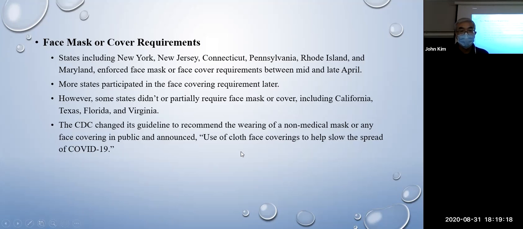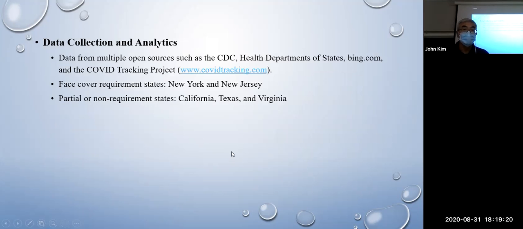And then we collected the data from many different sites: CDC, health departments of each state, then websites such as Bing.com and the COVID Tracking Project, which is www.covidtracking.com.